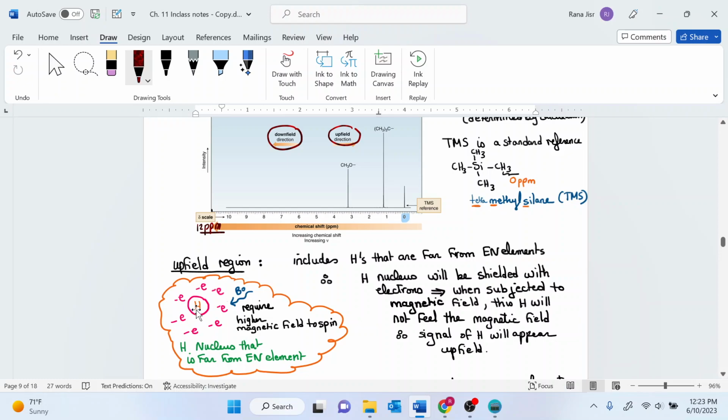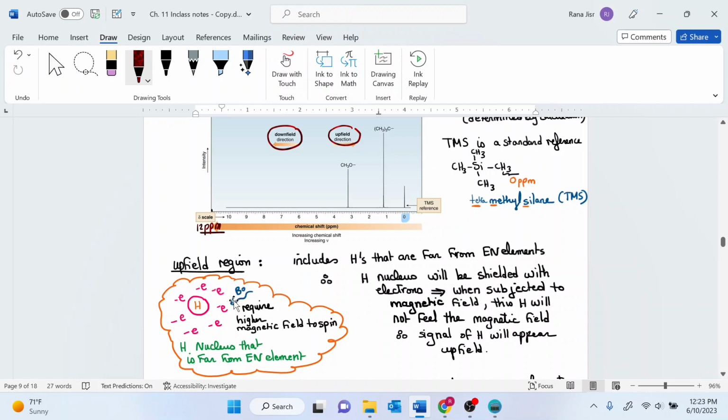And around the nucleus, we know that we have electrons in there. Now, if that hydrogen is not present next to an electronegative element, then the electrons will stay there. Okay? Nothing is going to take these electrons away. So these electrons are considered to shield the hydrogen from any external field that is applied.